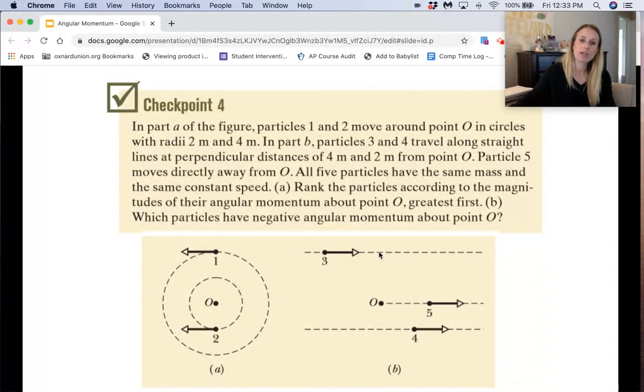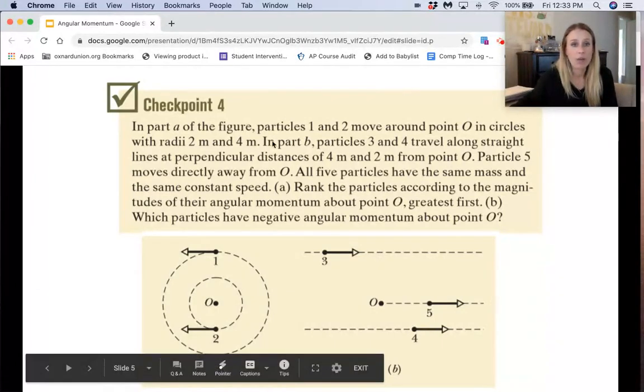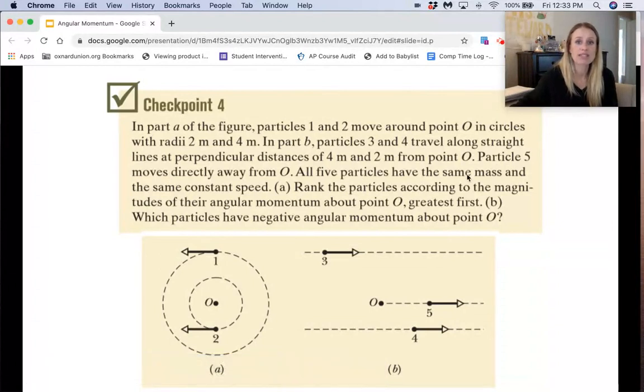So really what we're looking at here, because it goes on to say particle 5 moves directly away from O, all 5 particles have the same mass and the same constant speed. So since they have the same mass and the same constant speed, they have the same linear momentum.